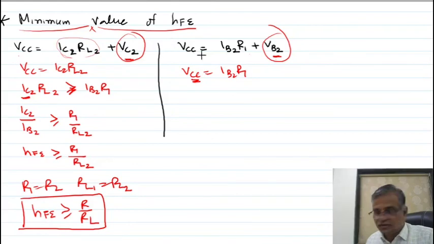This voltage is very small compared to VCC, so it can be neglected. The collector current is very large in the saturated region. So I have written this equation this way. This is the condition to get oscillation.